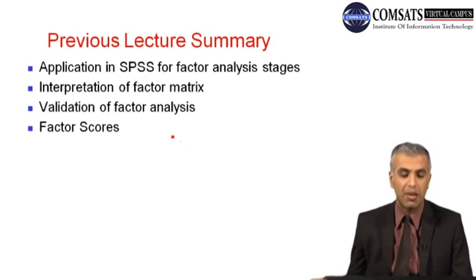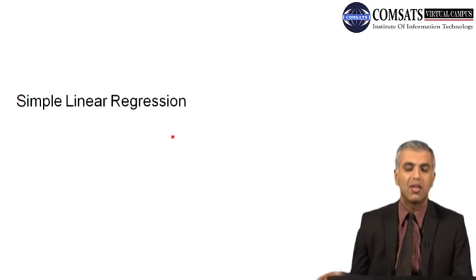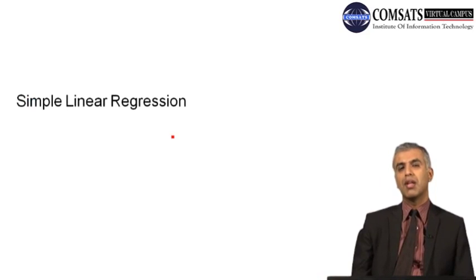Now, the next topic which we need to discuss today is called simple linear regression. Simple linear regression is a very important topic, and it's the crux of the whole quantitative business analysis. It's one stage further after the correlation analysis is performed.